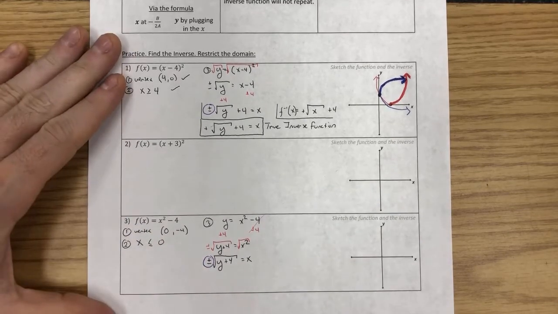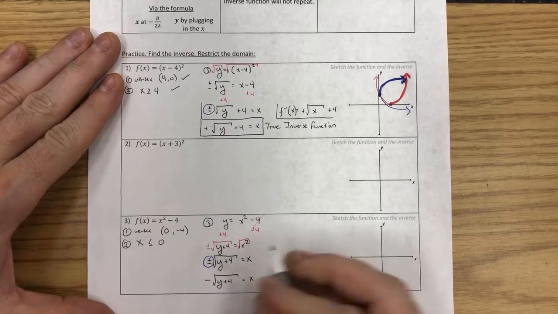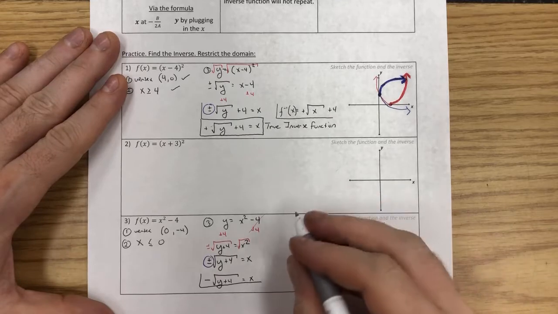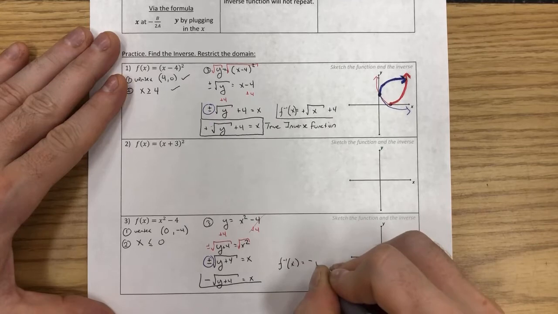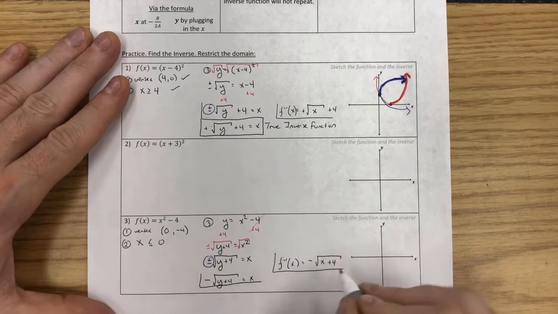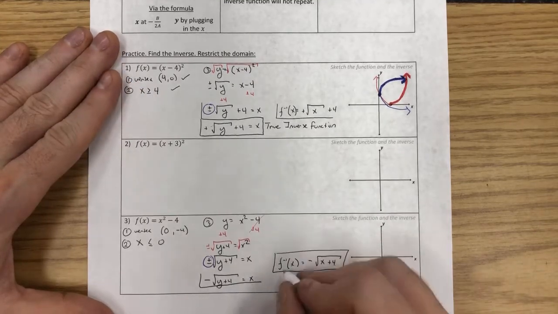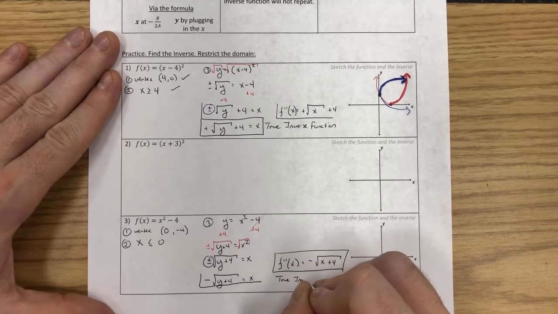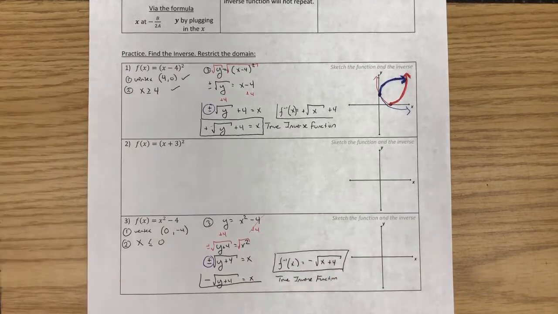I'm only dealing with the negative square root of y plus 4. Which means that my true function is negative square root of x plus 4. Actually, I'm just going to box that one up. So there's my true inverse. Awesome. So my true inverse function is going to be the negative on this aspect.